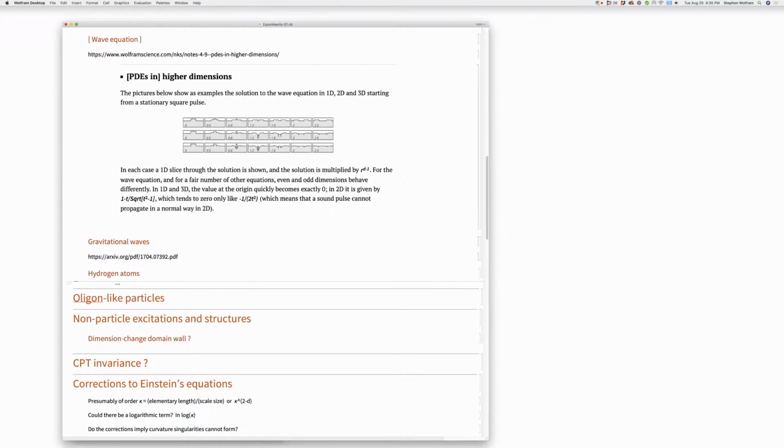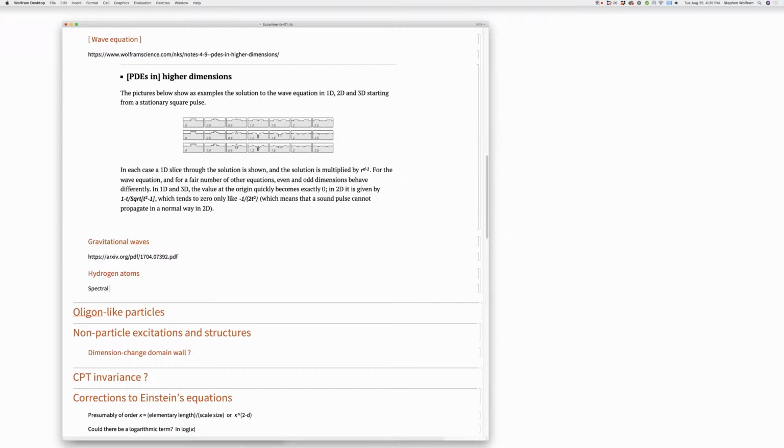What about the spectrum of the hydrogen atom? What about spectral lines? As a function of dimension, what happens to the Lyman alpha line or something? Oh, look, it's obvious.